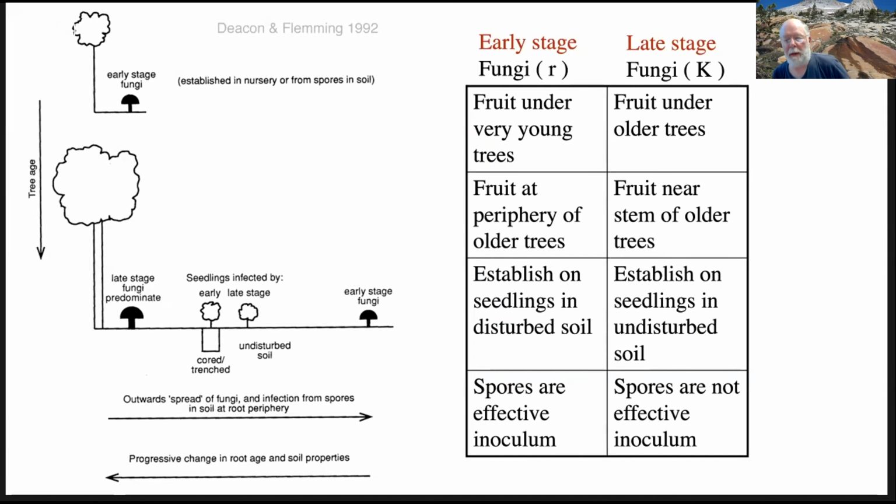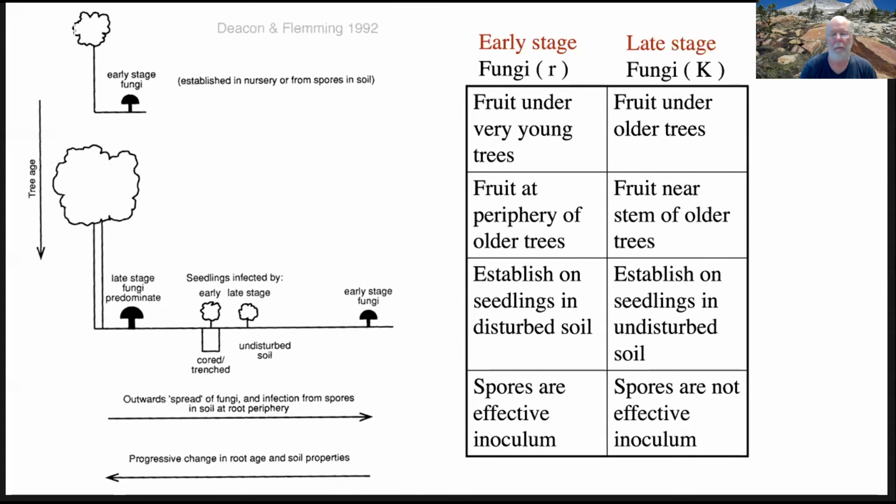And we'll see this dynamic first from one of the very early pieces of work in the field of ectomycorrhizal ecology. This is a review paper that was summarizing some work in the 80s by folks at the Institute for Terrestrial Ecology in Scotland.